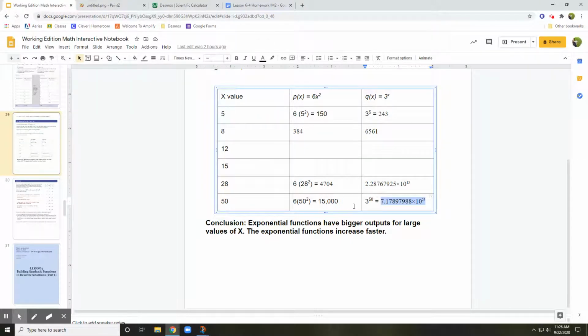So money to buy a pair of shoes, number of grains of sand on Earth. When x gets bigger, for large values of x, the exponential function almost always gets bigger.